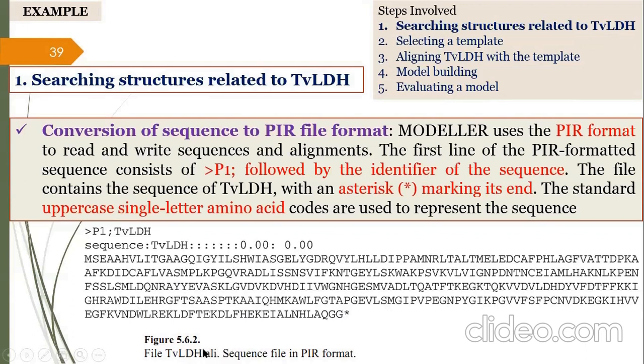So ALI format is actually this format, and so we will name it as tvldh.ali. So ALI is the extension. This is just like .docx, .pdf, .pptx, and this is .ali. So this is important. You need to understand that. So sequence file in the PIR format is this now. So am I clear with that?